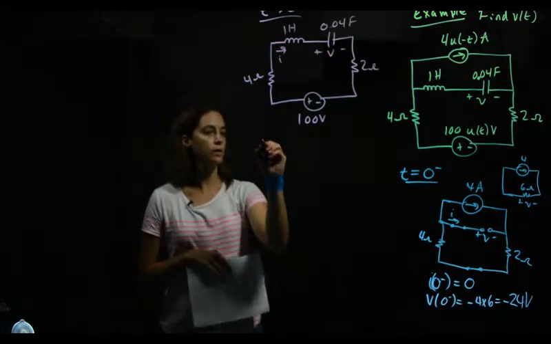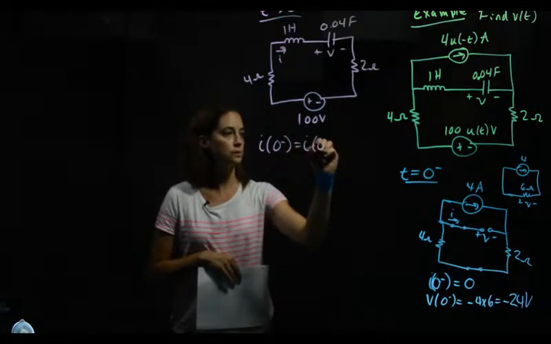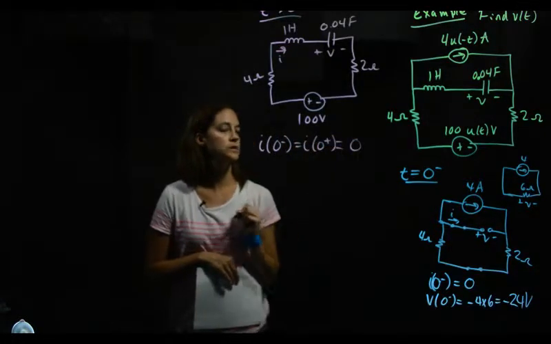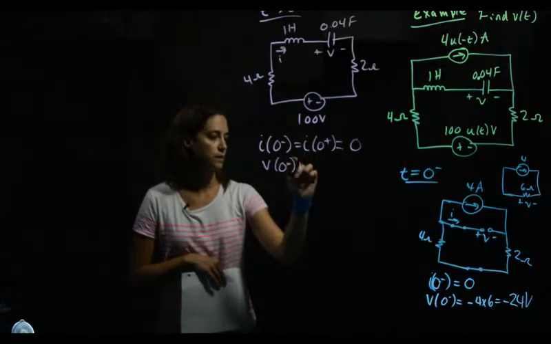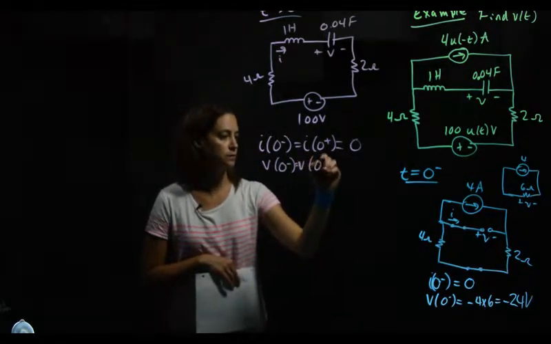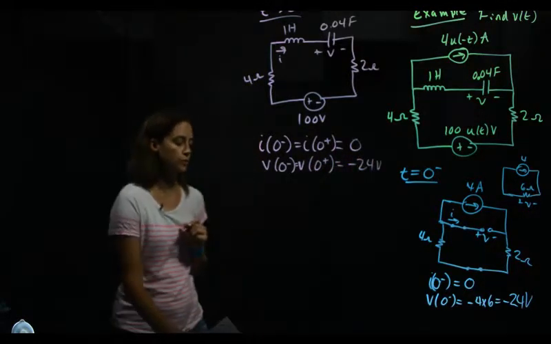And I know that the current through an inductor cannot change abruptly, so that current remains 0. I know the voltage across the capacitor cannot change abruptly, so that voltage is still minus 24.